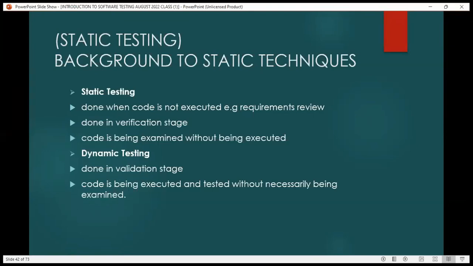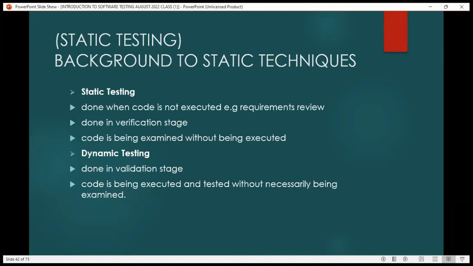Now, dynamic: something is moving, something is going, something is happening. Static, something is stagnant. I'm just reviewing. Dynamic is done in the validation stage. Code is being executed and tested. So just have it again, static and dynamic testing.